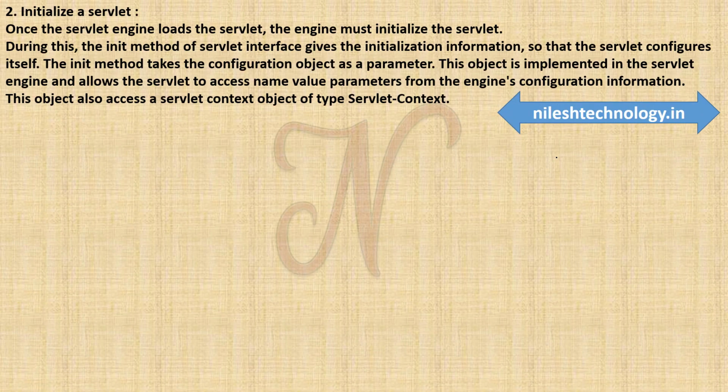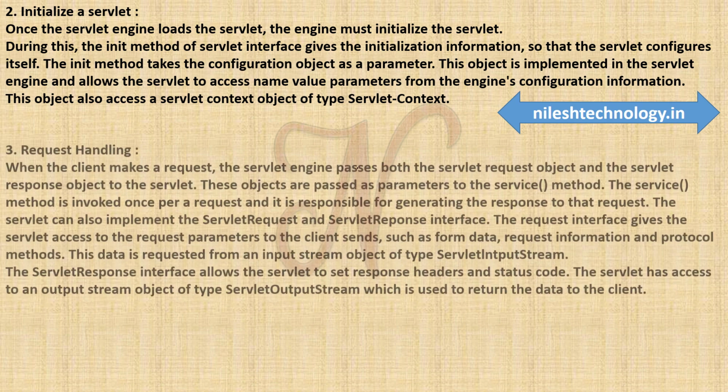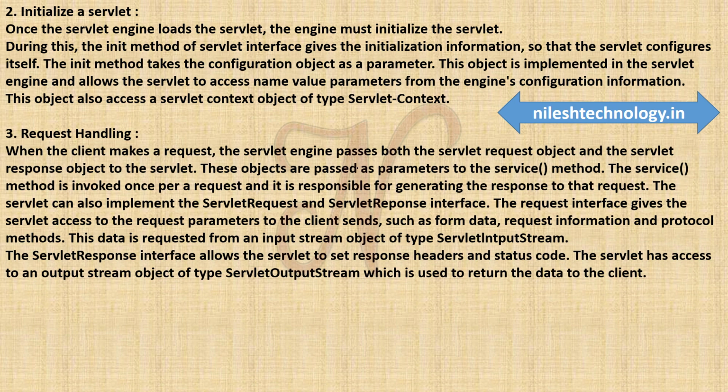Once the servlet engine has loaded the request, then the engine must initialize the servlet. Okay, so there is an init method. So if you perform some initialization work in the servlet, then add the init method in a program. Okay, then request handling, this is a very important method.